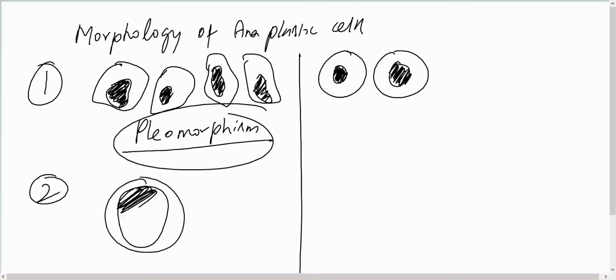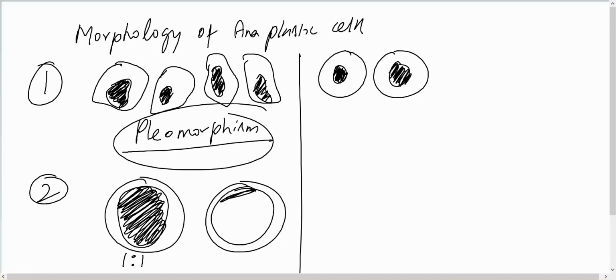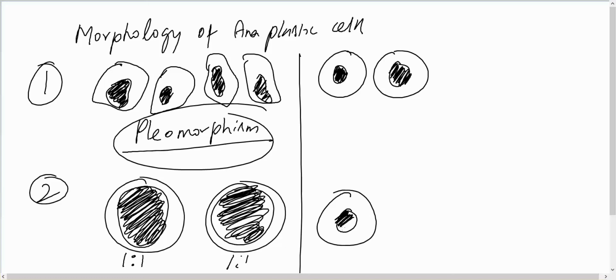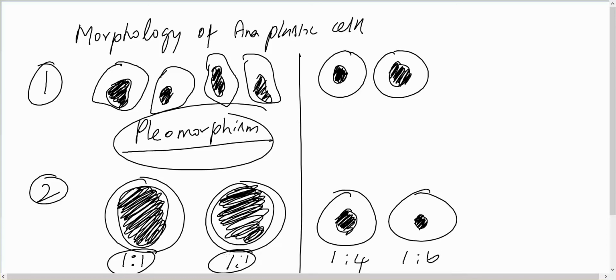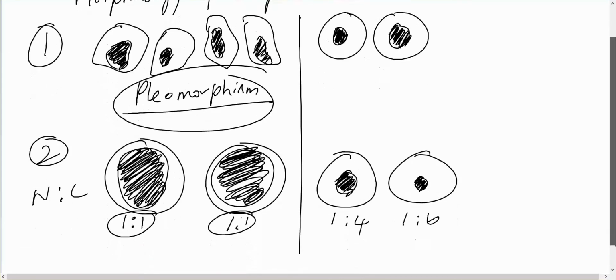In the anaplastic cell, the nucleus cytoplasmic ratio is increased to 1:1, whereas in the normal cell the nucleus cytoplasmic ratio is 1:4 or 1:6. This is called the increased nucleus cytoplasmic ratio, and the nucleus becomes dark, that is called hyperchromatic.